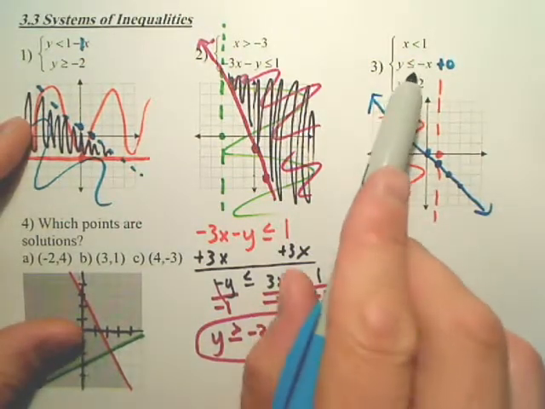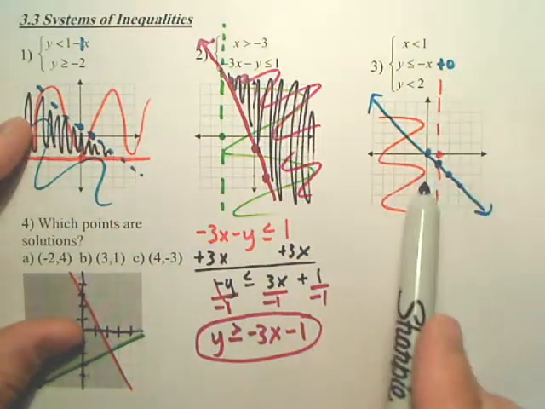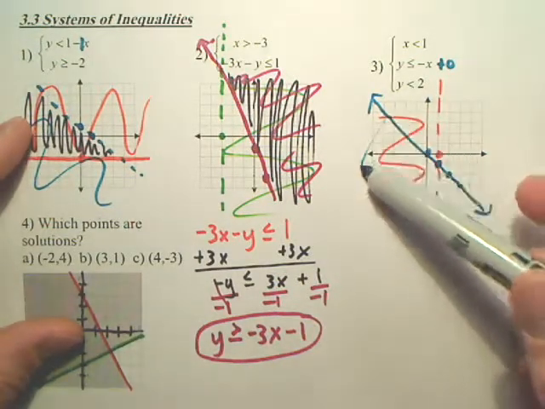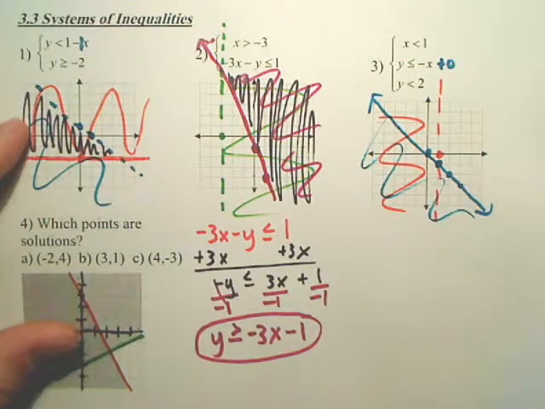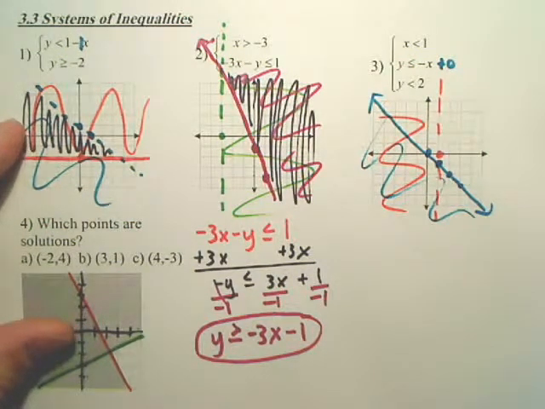So again, less than or equal to, solid. Slope is negative 1, beginning at 0. And it's less than, so the bottom of this line is right there. Do you see how this one's going to get a little ugly?